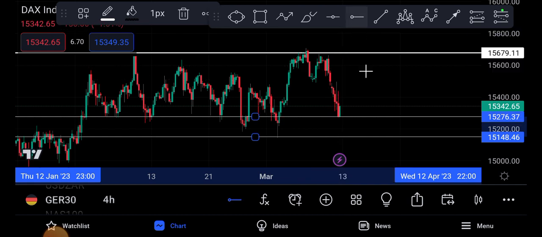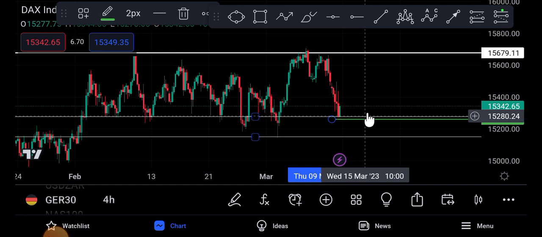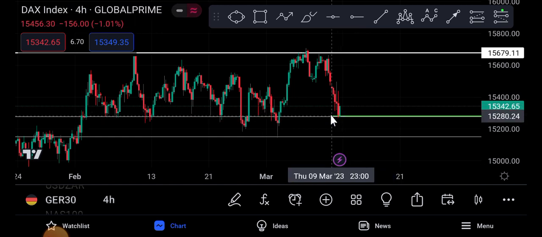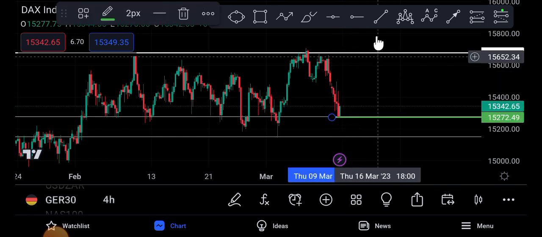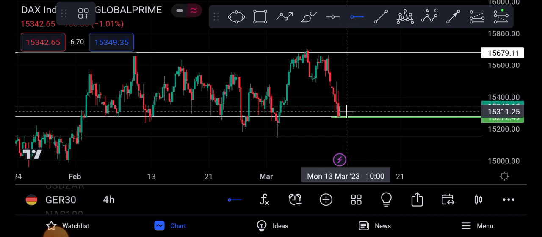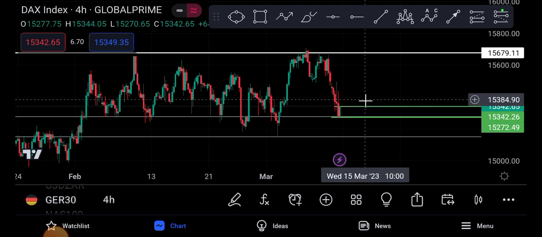So what's gonna happen is that I'm going to draw my line right here to actually identify that part right there, right, guys? So after doing that, I'm also gonna highlight the price where the market closed, which is this level right here, right, guys?